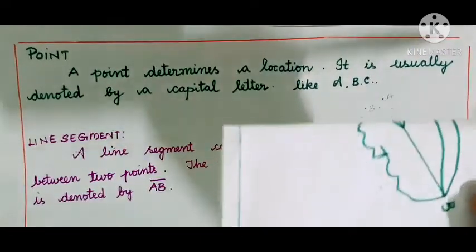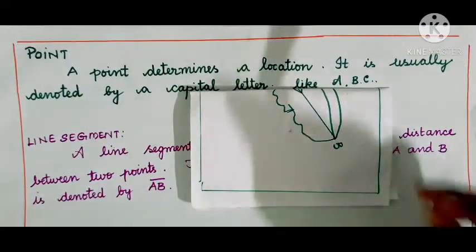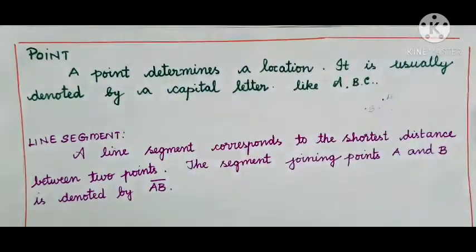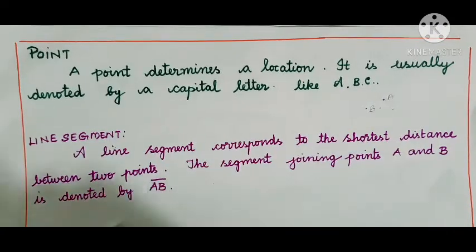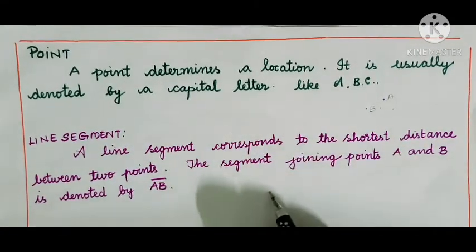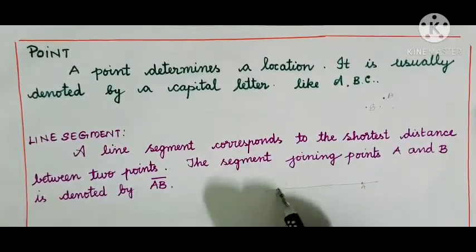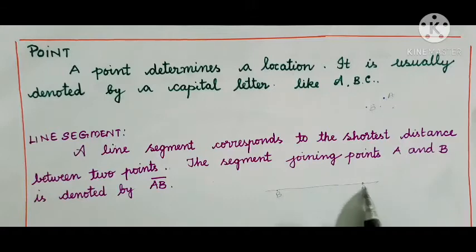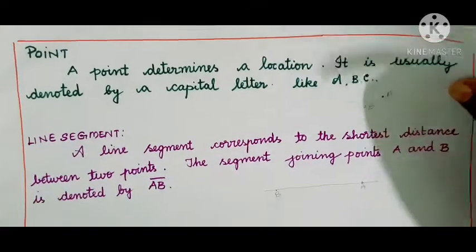I can name the 2 points as A and B. Is it clear? Fine. So the line segment corresponds to the shortest distance between 2 points. It should have 2 points. So when I draw like this, this is A and this is B. These 2 points, BA or AB, is a line segment. Understand? Next point.